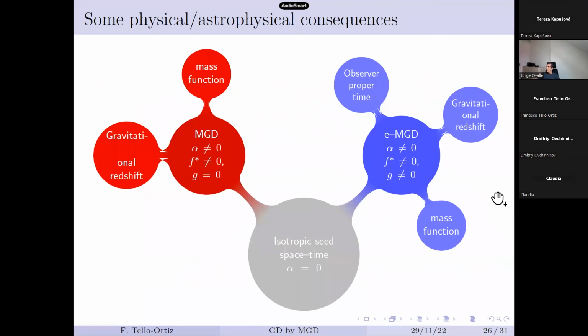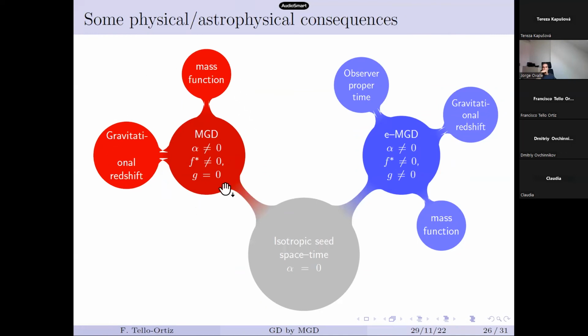Here in this comparative picture, the starting point is an isotropic seed space-time. It means that alpha is equal to 0. This is the simple case. And then you have two alternatives. We are here on the red bubbles.